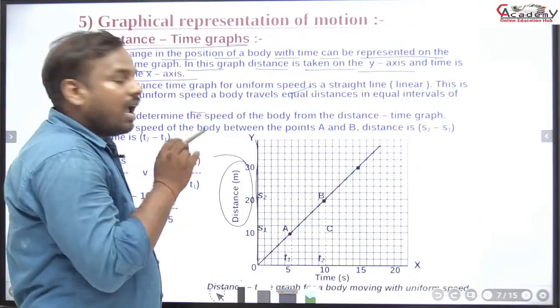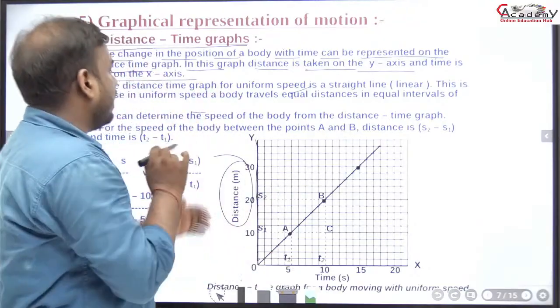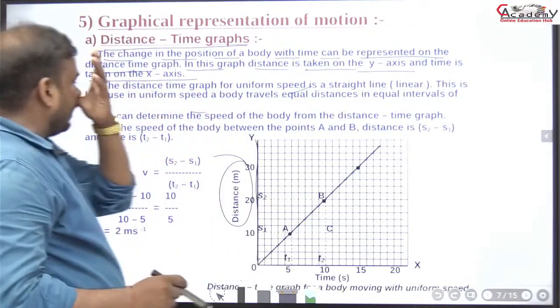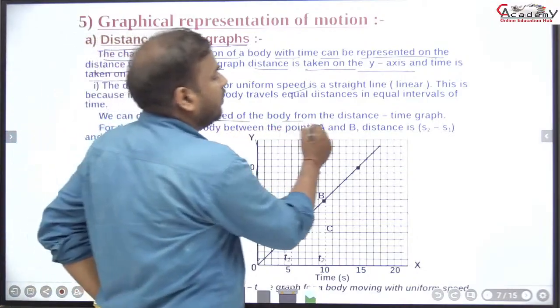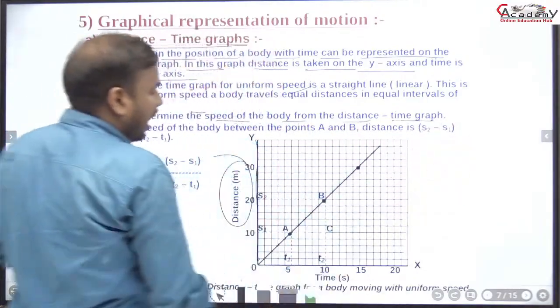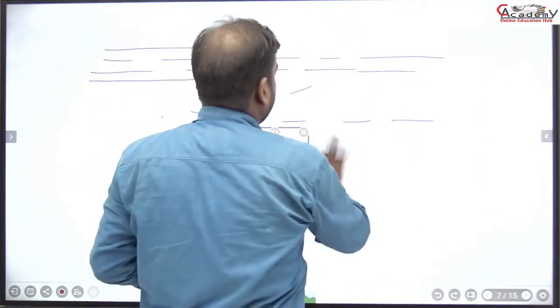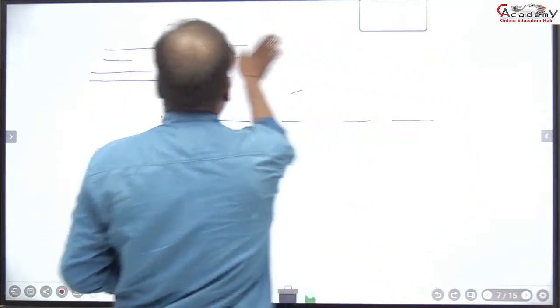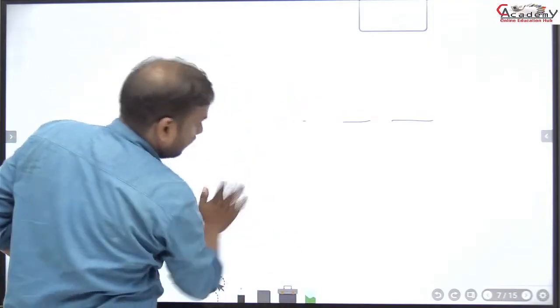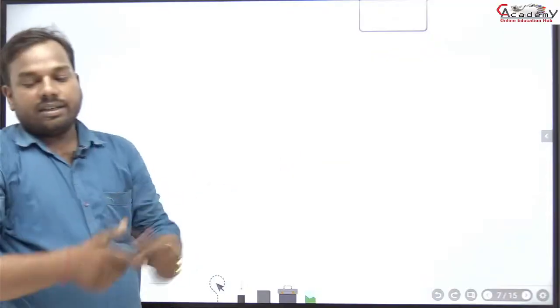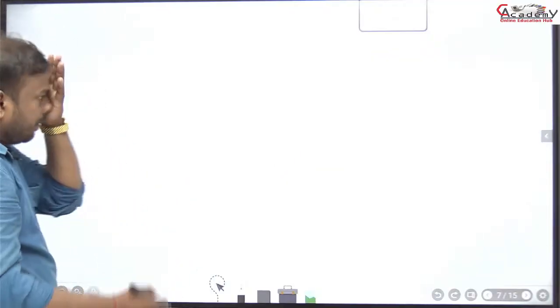We can determine the speed of the body from the distance time graph. How we solve it now? Firstly, how we draw the speed time graph in the graphical representation.